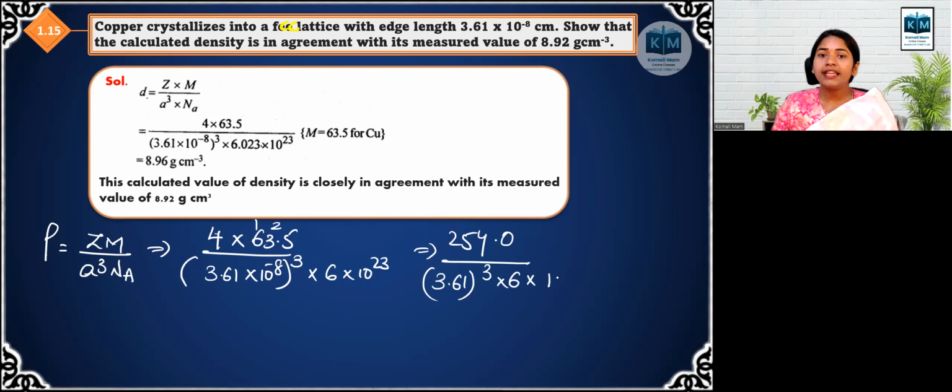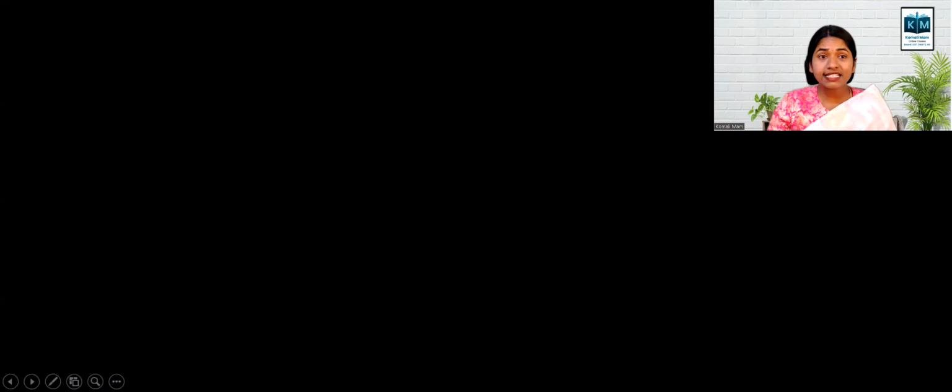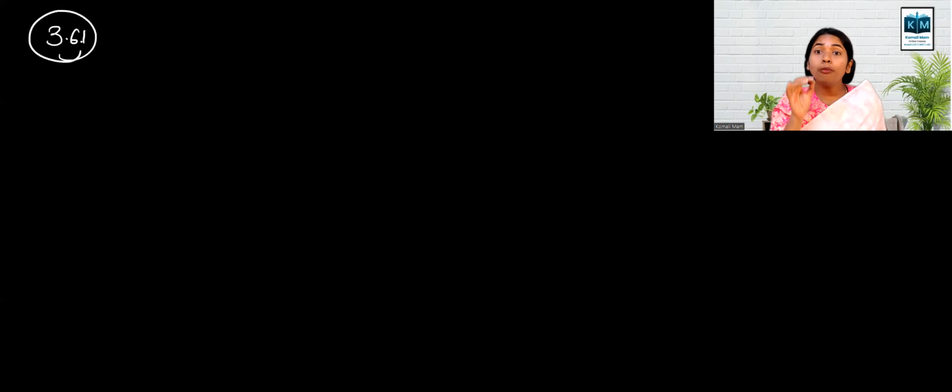If it comes here, 10 power of minus 1. Now let us see how to do 3.61 whole cube. This is important because when you are doing calculation, you may feel difficulty. So I am going to tell you how you can do this. Now 3.61 whole cube.